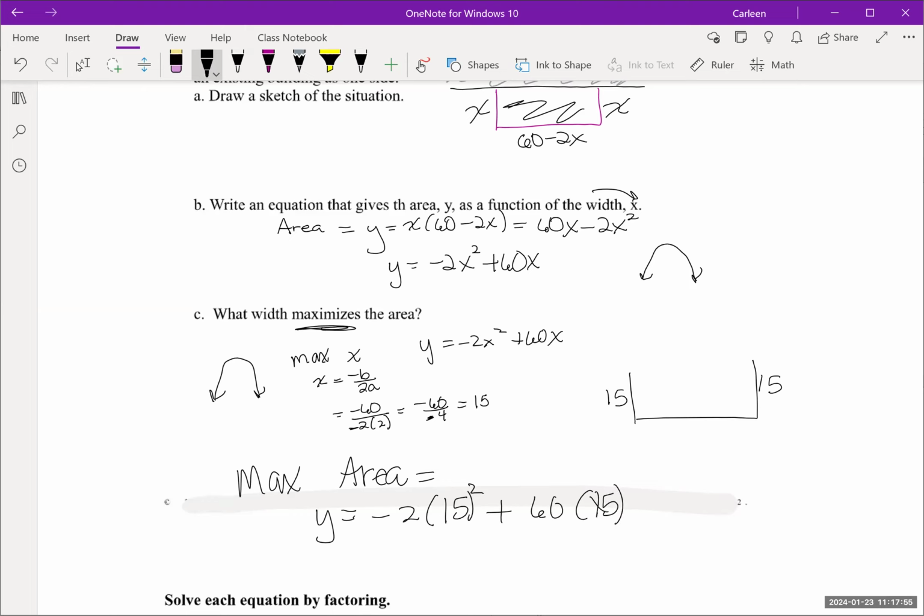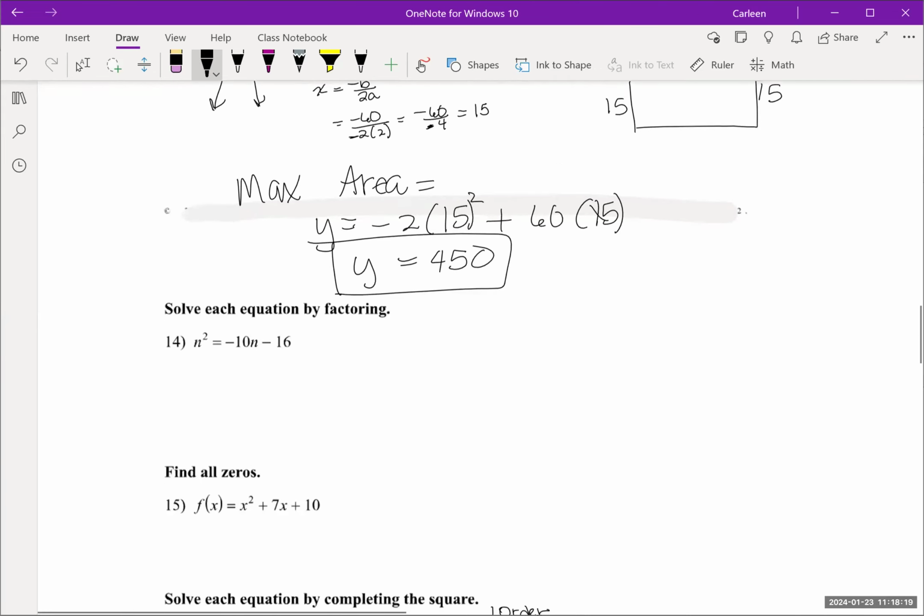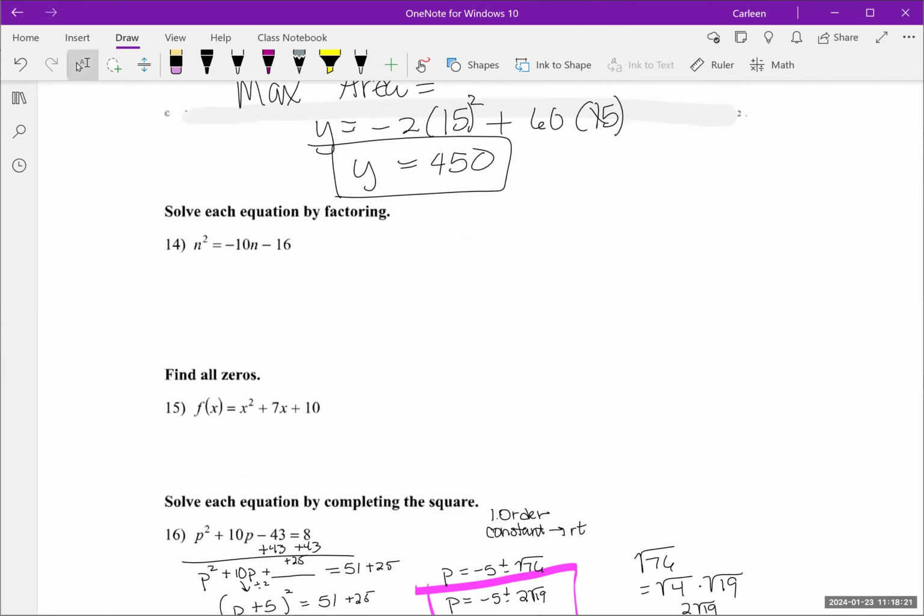Y equals 450. Yeah, plug it into the calculator. Bunny problem, getting better? Make sure you have notes when you come for your exam. It's gonna show up, guaranteed.